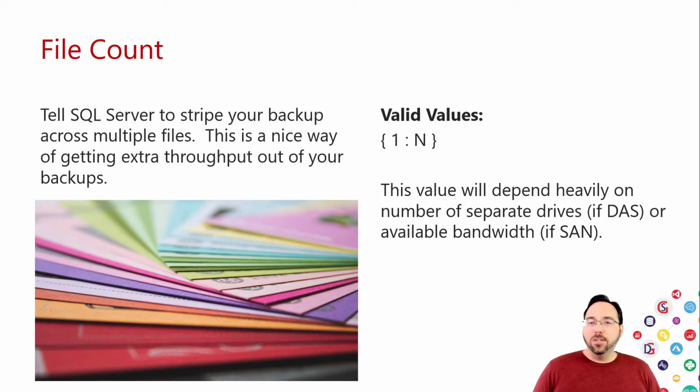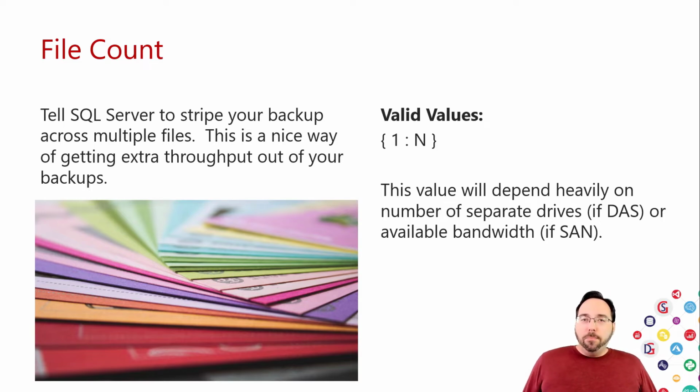File count tells you to stripe your backup across multiple files. This is a really good way of getting extra throughput and will heavily depend on if you have direct attached storage, how many separate drives you have, and if you have a SAN, how much available bandwidth do you have? In practice, there's a number of files per disk that you'll probably find will be nice.